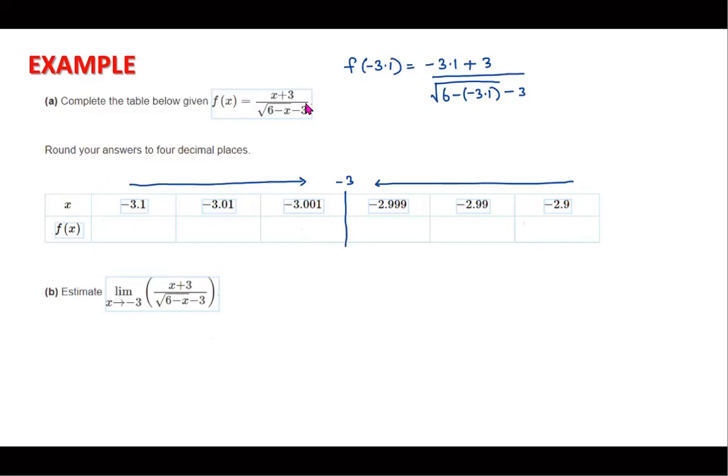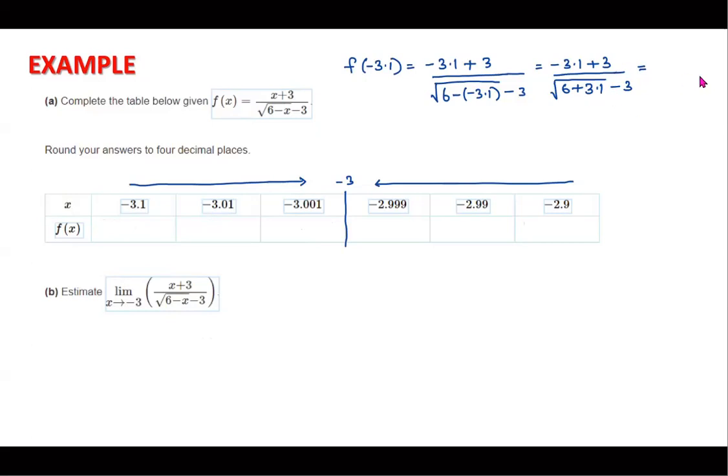Now we can rewrite this as negative 3.1 plus 3 over the square root of 6 plus 3.1, because negative and negative make positive, and then minus 3. The best way to simplify this is to type it into your calculator.